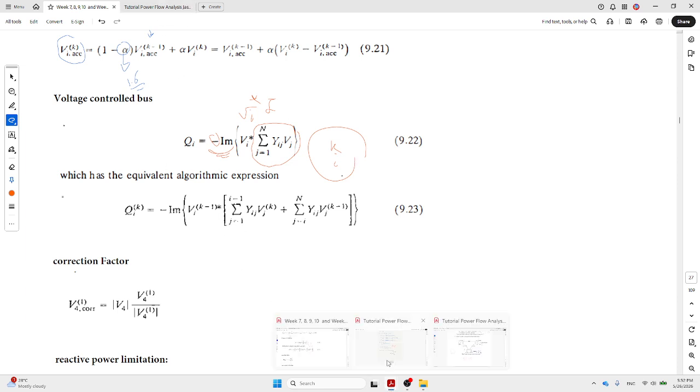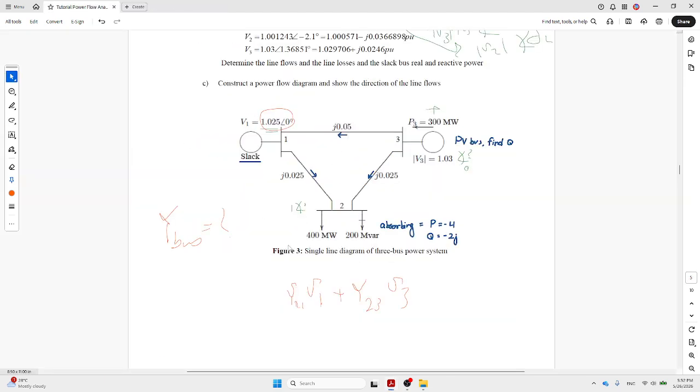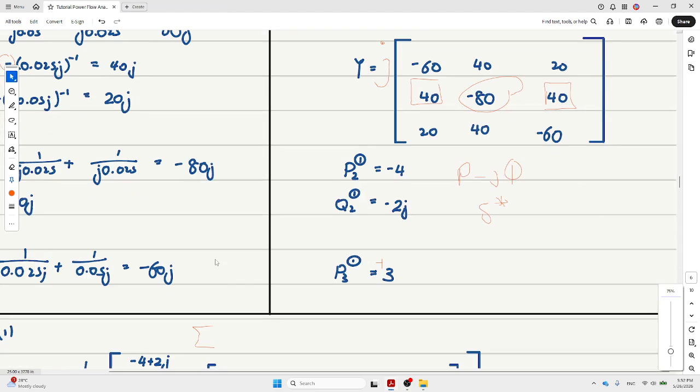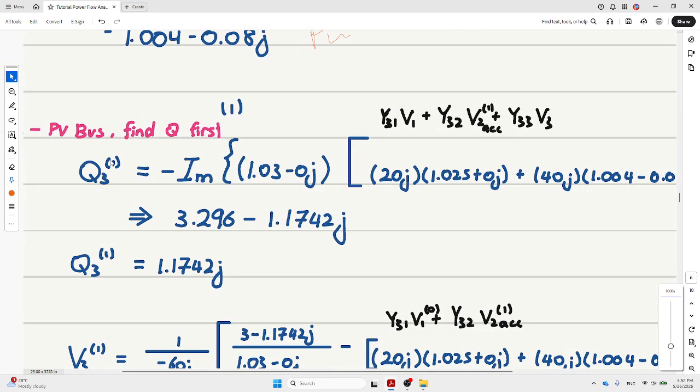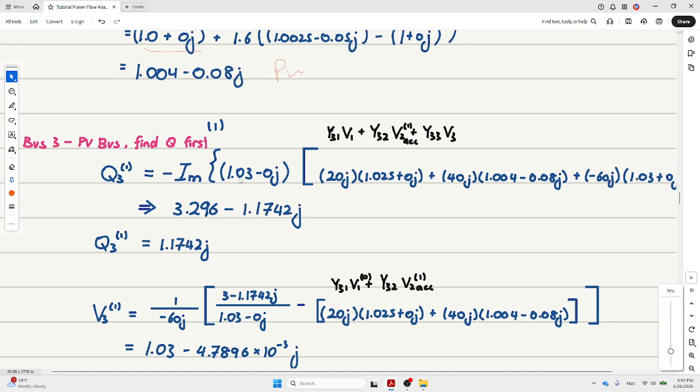So let me jump back to the equation. Q in iteration 1 is minus the imaginary part of the conjugate of the voltage of bus 3, times Y31 V1, Y32 V2 accelerated, and Y33 V3.